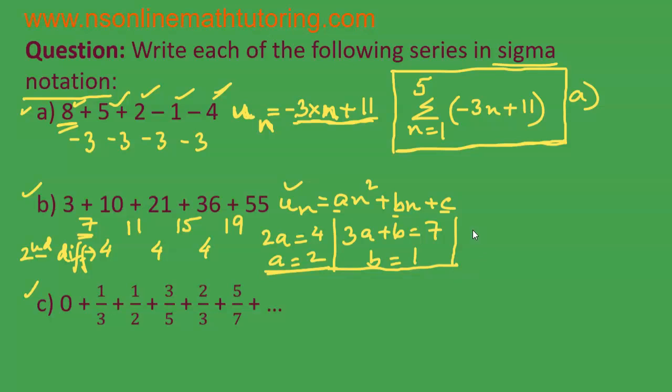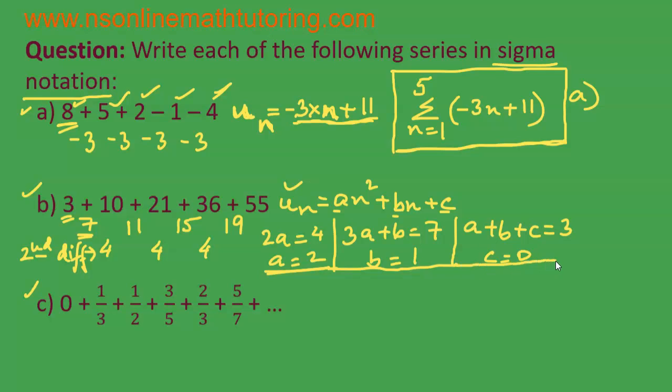And for c, it is a plus b plus c is equal to the first term of the given series or sequence. So, it is 3. a is equal to 2, b is equal to 1. So, 2 plus 1 is 3, plus c is equal to 3. Therefore, c is equal to 0.